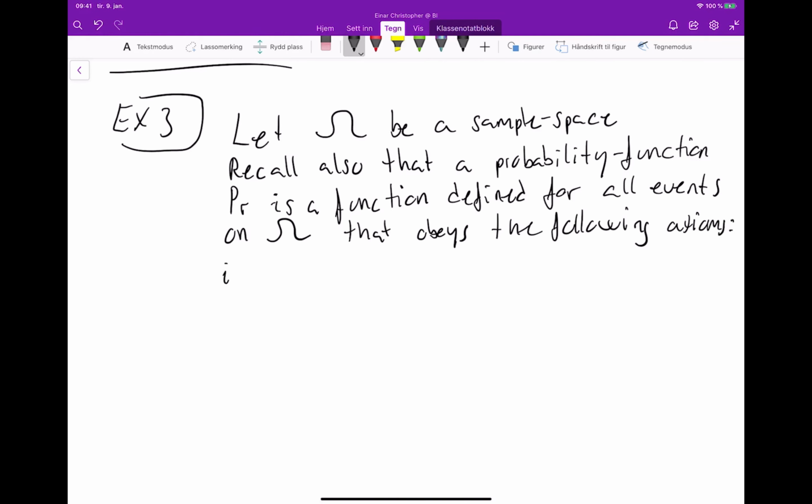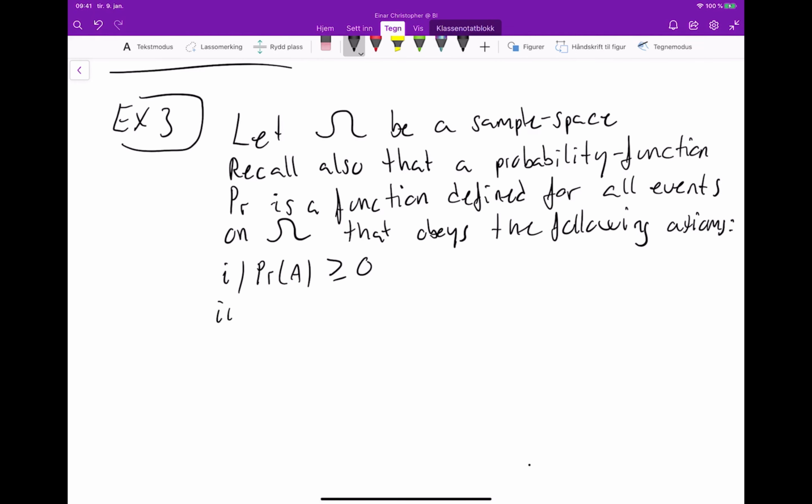Okay. The probability function PR must be such that every probability of any event A is bigger or equal 0.